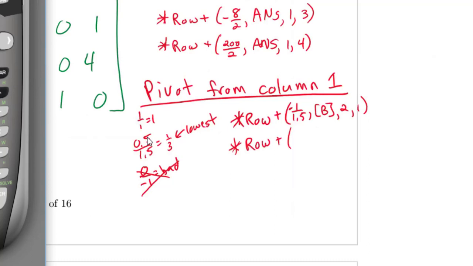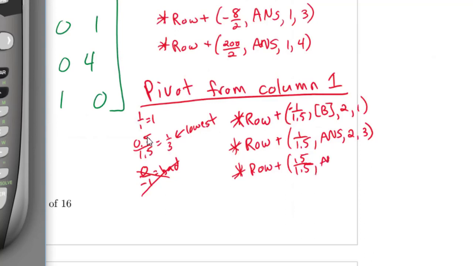And then I want there to be a 0 below the 1.5. So I'm going to have to take 1 over 1.5 because there's a -1 down there. And then previous answer, I want to pivot from row 2, change row 3, and then the very bottom row where the -15 is, I want that to become a 0 as well. So I'll be running this row operation right here to get that to happen.